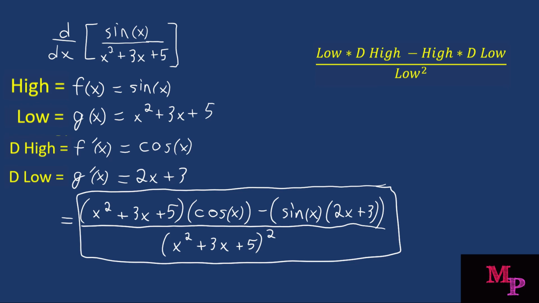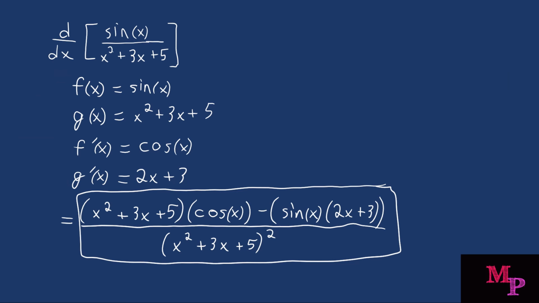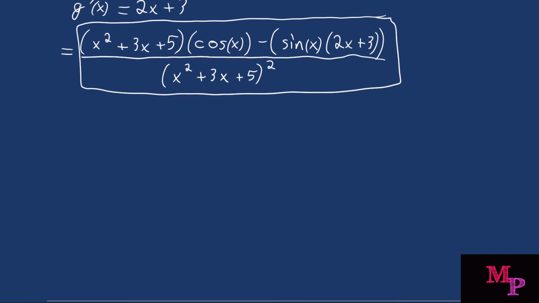And another thing to note is, if you're using the quotient rule and you don't feel comfortable with it and you're more comfortable with the product rule, typically you could always rewrite a quotient as a product. So let's say you're taking the derivative of f of x over g of x.